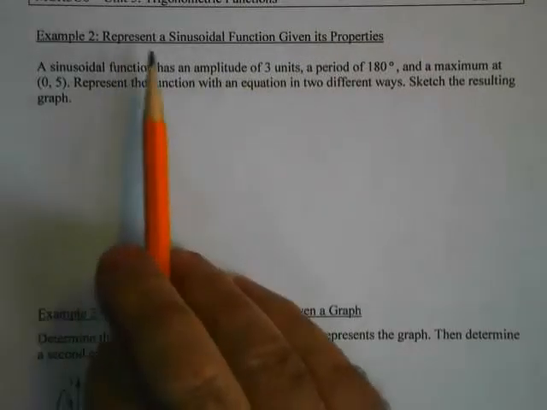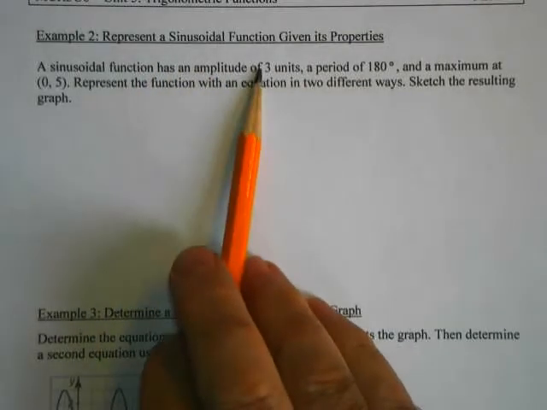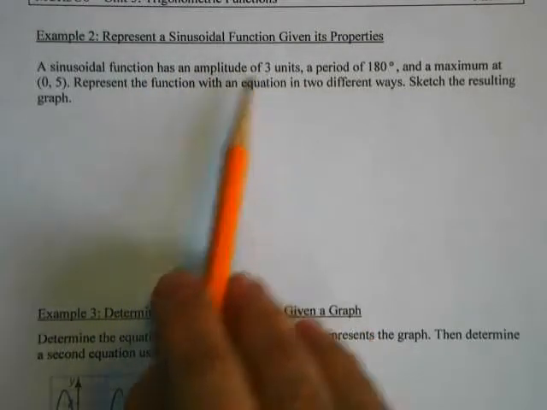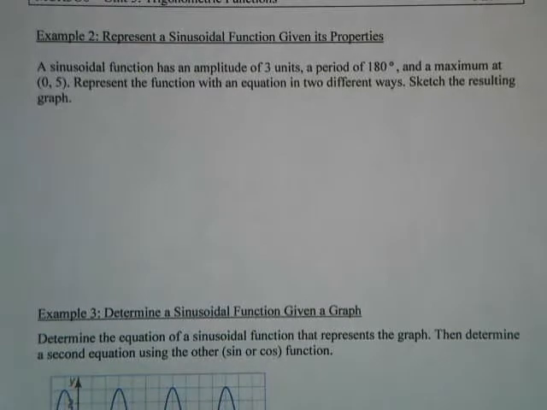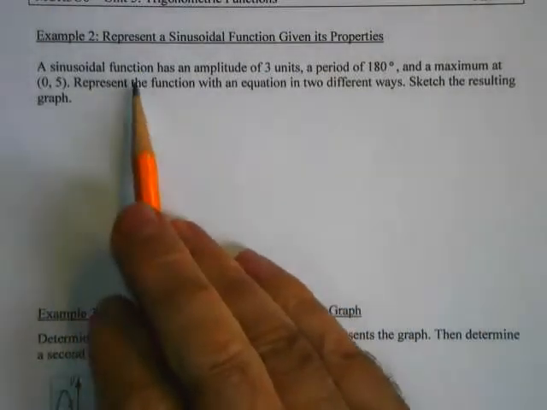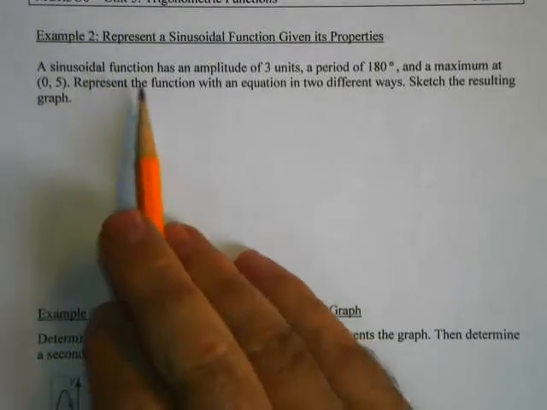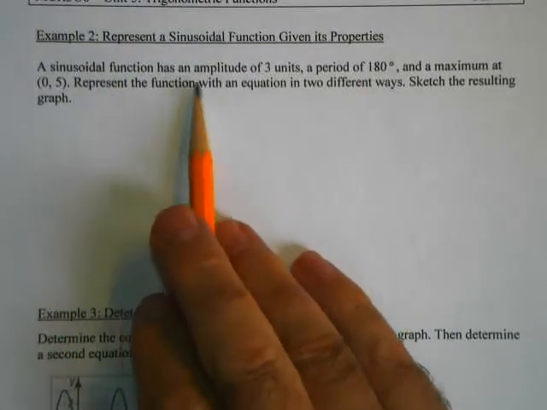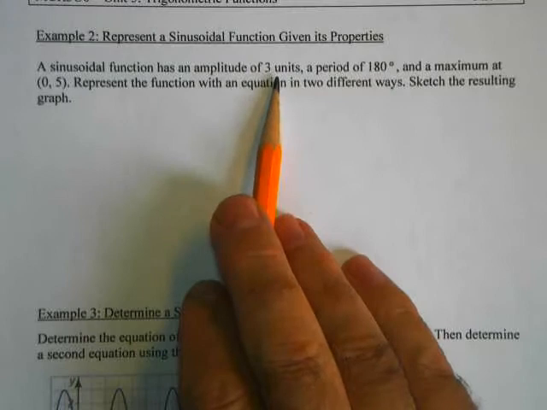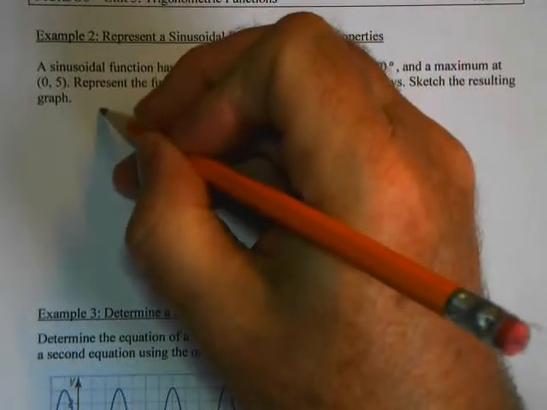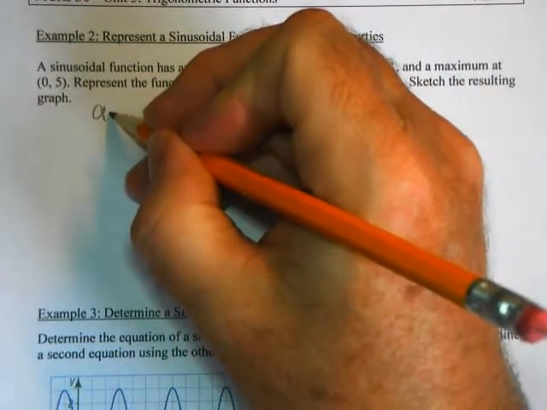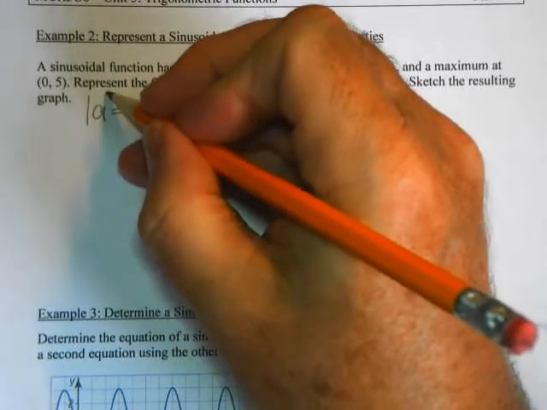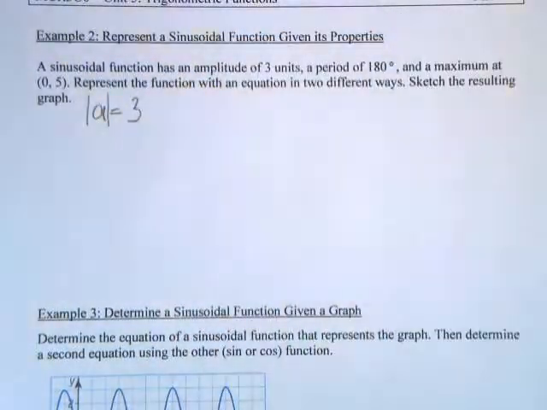Okay, so I'm going to read through this and we're going to kind of convert it, interpret what that means in terms of the parameters A, K, D, and C. So it tells us a sinusoidal function, so that says it could be sine, could be cos, has an amplitude of 3 units, so that tells us that the A value, well, it actually tells us the absolute value of A is 3, that's the amplitude.